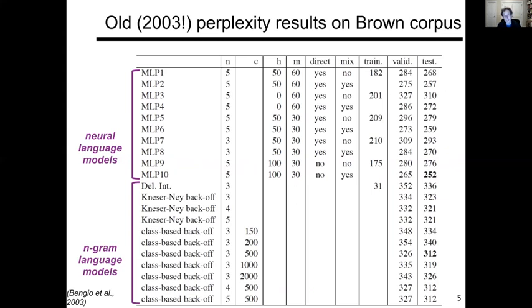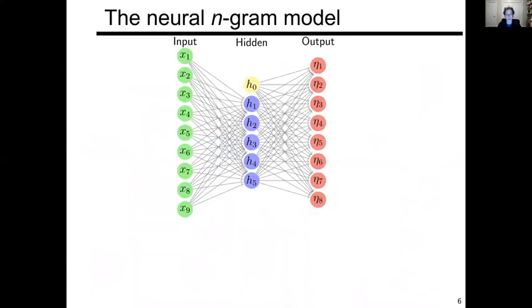And so that was a very early result relative to the contemporary era of deep learning, but it showed even in the n-gram context that there was really a lot of potential power associated with this kind of modeling technique. And so that's the neural n-gram model. So we have inputs, hidden layer, output. And now we knew going in that we would want to have something that looked like this overall for a neural network model for language, but this gives one instance of what it would look like.